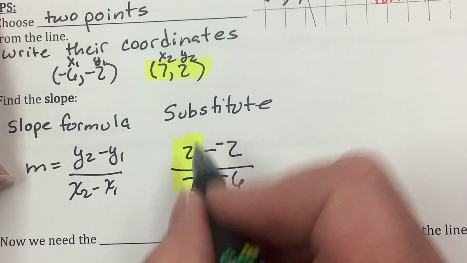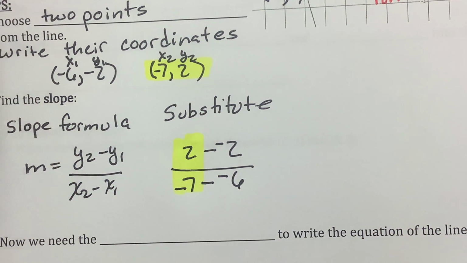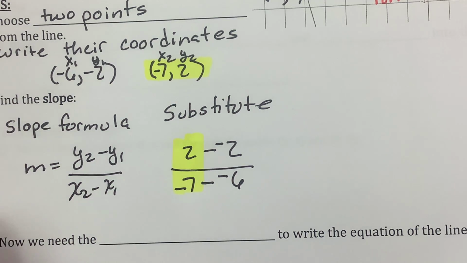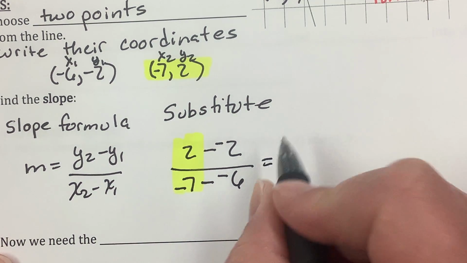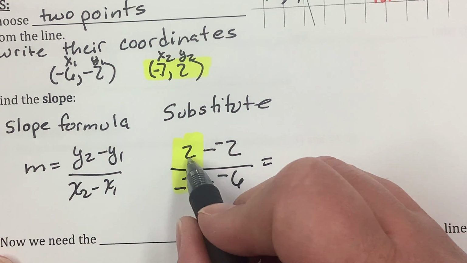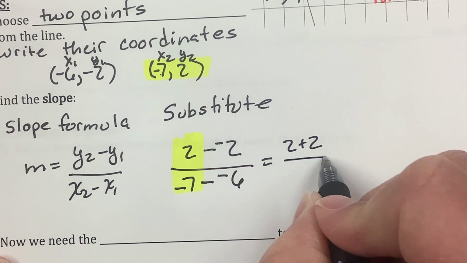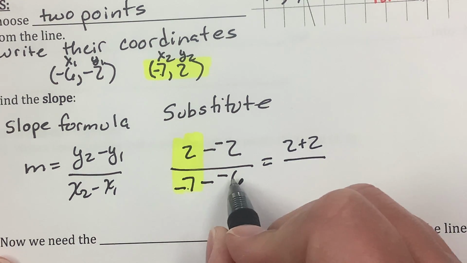I just realized this is 7, so it's 7 minus -6. So here we go: 7 minus -6. Then 2 minus -2, that's 2 plus 2, keep change. 7 plus 6.